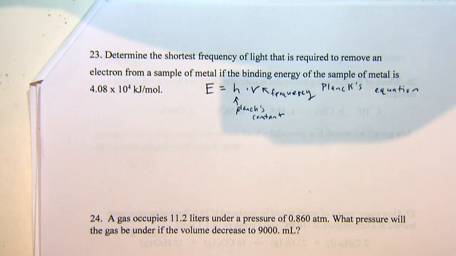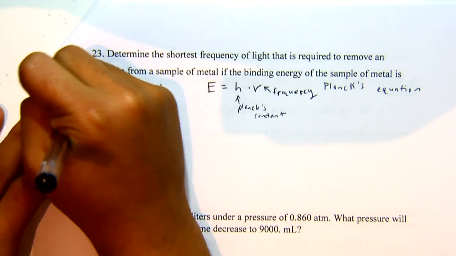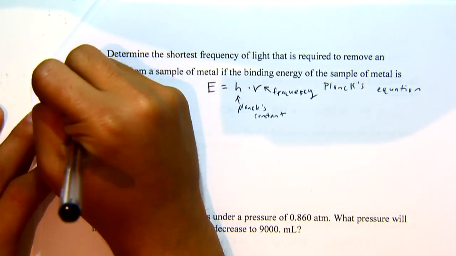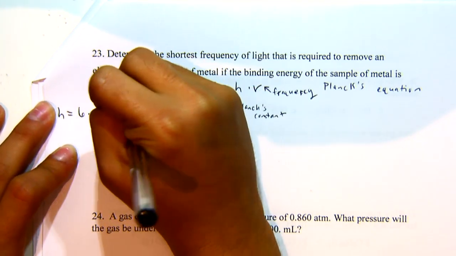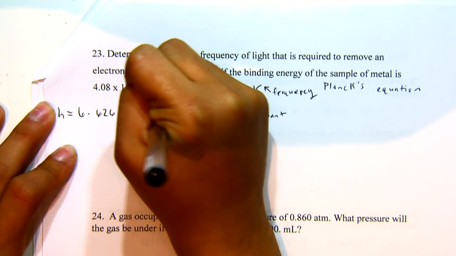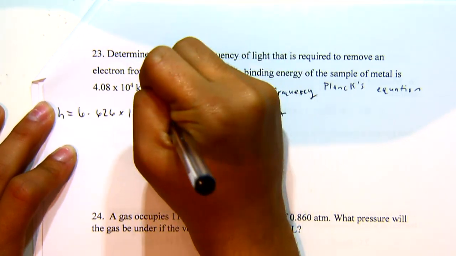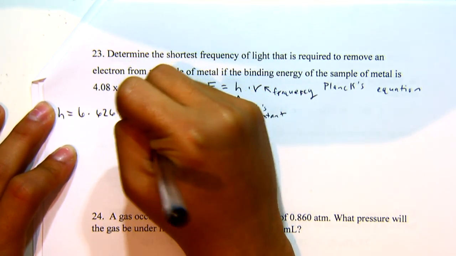So once we have that, we know this would be given to you, Planck's constant, which is 6.626 times 10 to the negative 34 joules times seconds per photon.